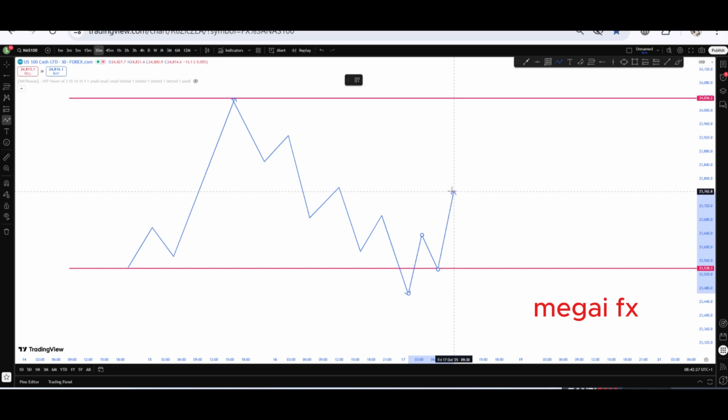You understand? And after giving us a market structure shift on this area, market now created a fair value gap around here.